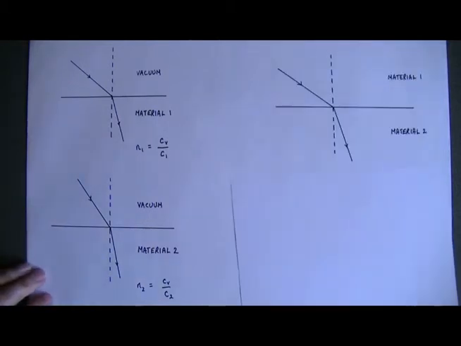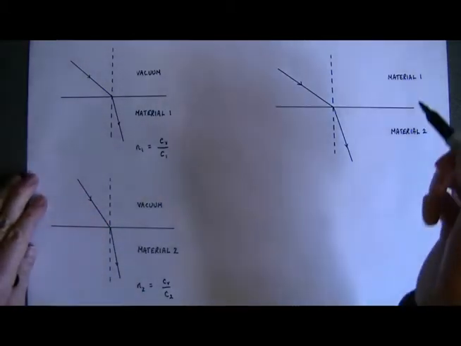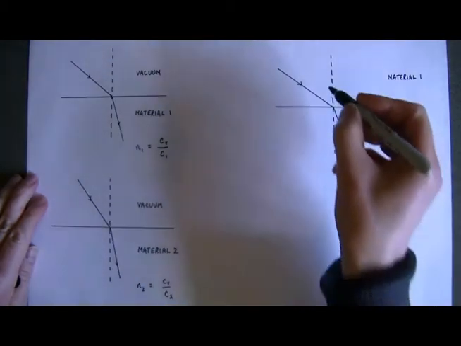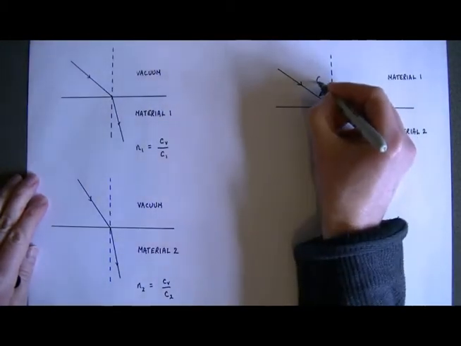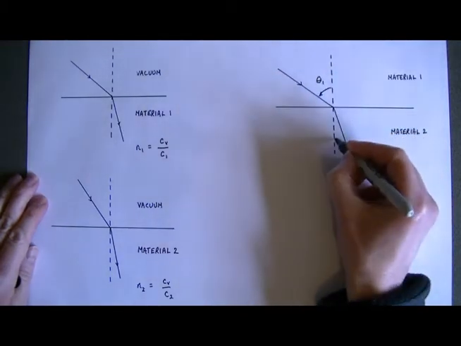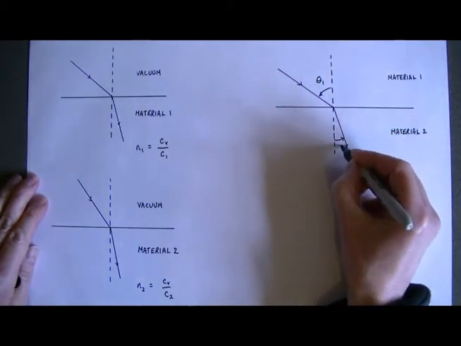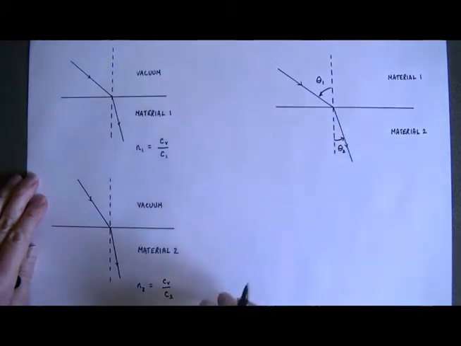Now let's think about what happens when light passes from material 1 into material 2. So we're not dealing with the vacuum anymore, the light's going straight from material 1 to material 2. So let's call that angle theta 1 and that angle theta 2.